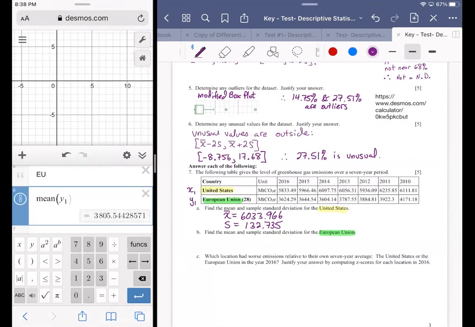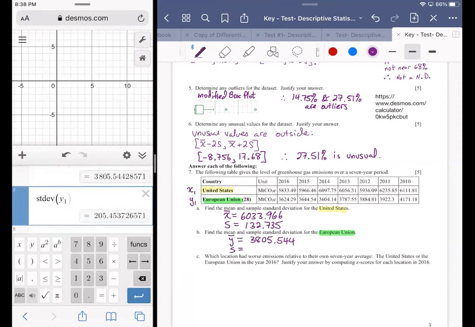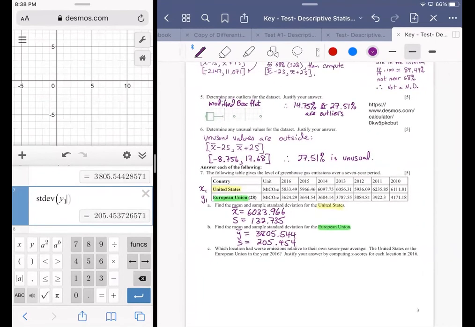You could say y bar here, because we have a y variable, and S for that particular variable. You could say X bar again too, it doesn't really make a difference. The bar is the important thing. So 3805.544, and the standard deviation of Y1, 205.454. All right, so that's all we needed for A and B.